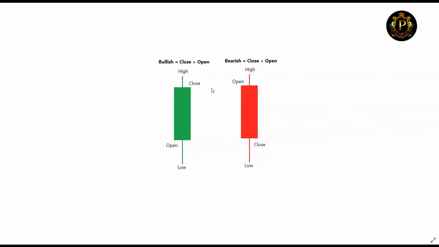Just merely looking at this body alone has given us an indication of what's happened, unlike a line chart where you just have a line across the board. But I'll leave that, because there are people who prefer the line chart also.